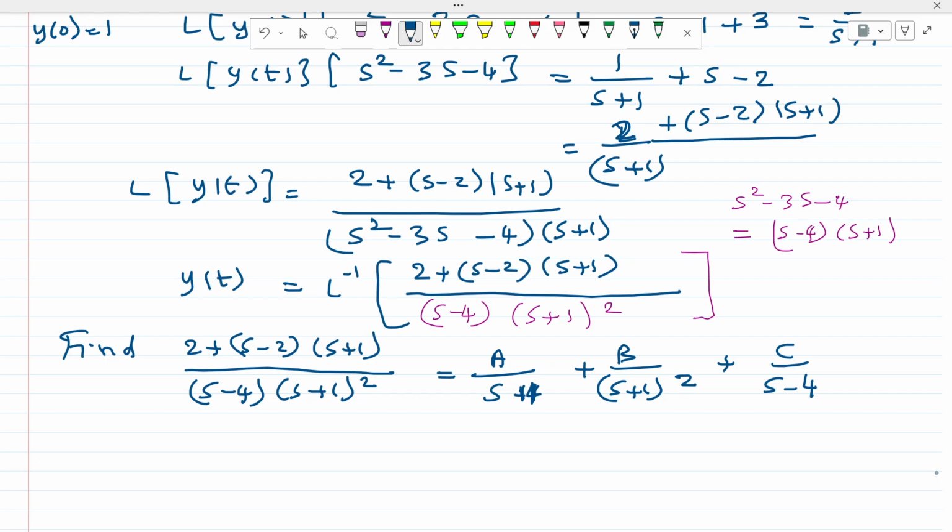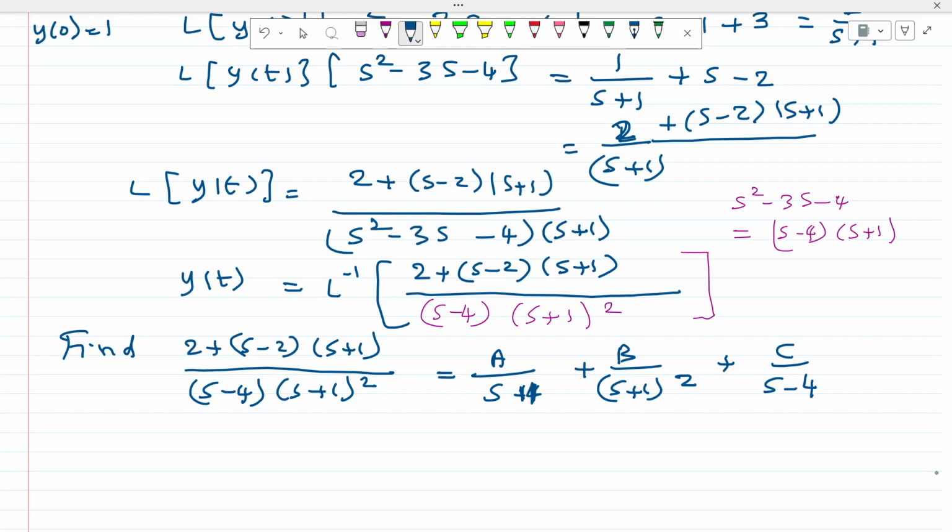You have to find the values of A, B, C. So how to find the values? By using the partial fraction method.